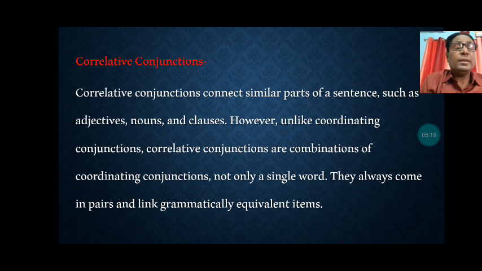Here you have another conjunction, the third one: correlative conjunctions. What is a correlative conjunction? Correlative conjunctions connect similar parts of a sentence, such as adjectives, nouns, and clauses.